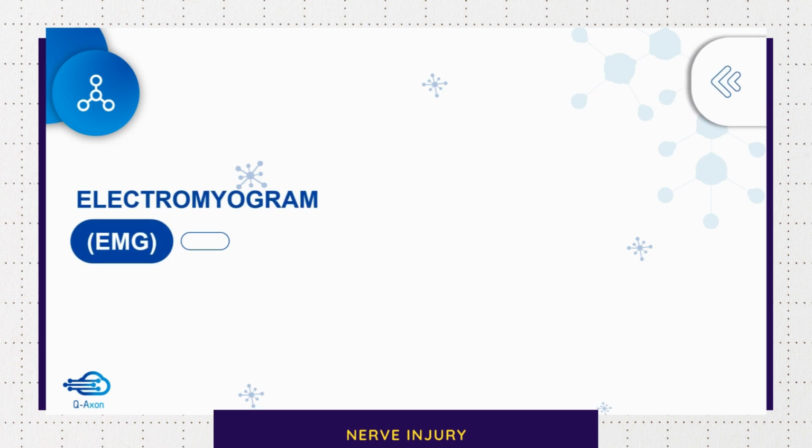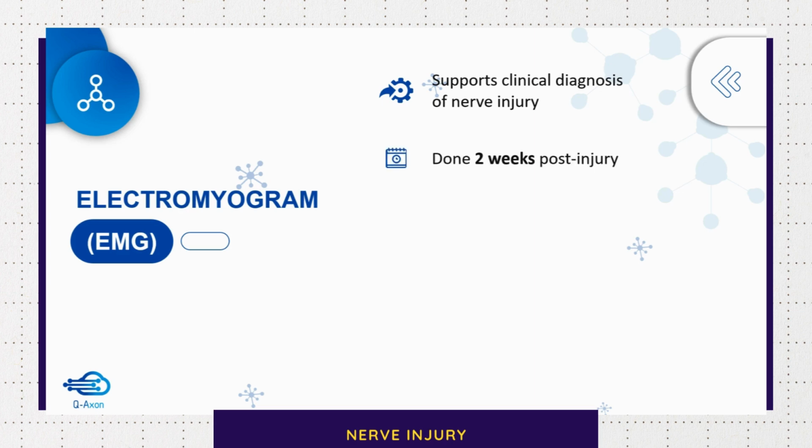Now, the first test that we shall discuss is the electromyogram, the EMG. Though this test is used to make a diagnosis of nerve injury, it is more useful as a prognostic test. Typically, the test is done about 2 weeks after injury. Initially, because of Wallerian degeneration, we see small potentials referred to as fibrillation potentials in the EMG.